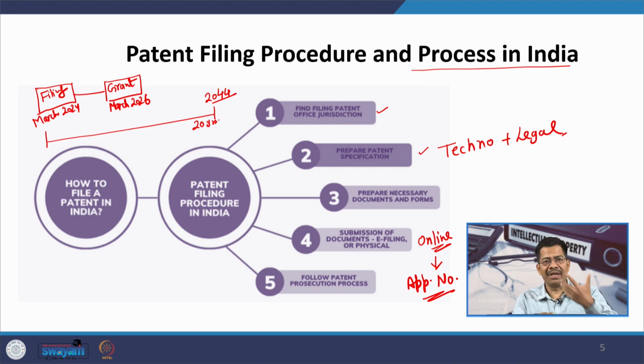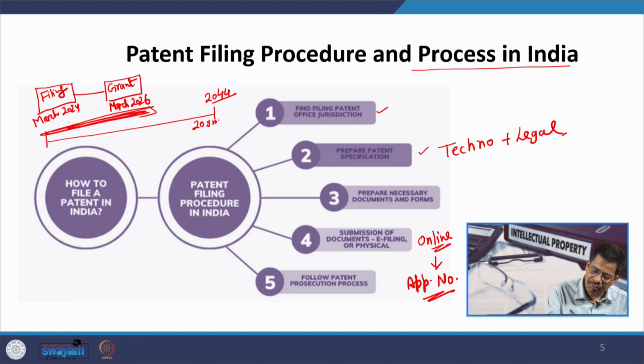There is a myth, many of us believe that our 20-year period will start from the grant date, but unfortunately that is not correct. Your 20-year period starts from the date of filing, and if you are not using your exclusive right during this period, you are losing a lot of business opportunities.